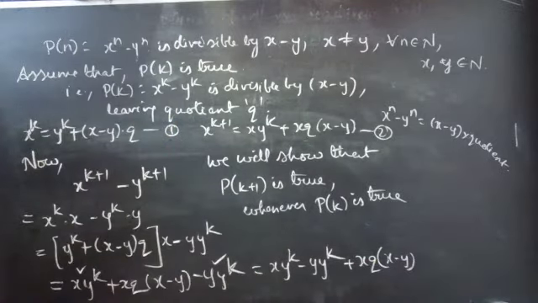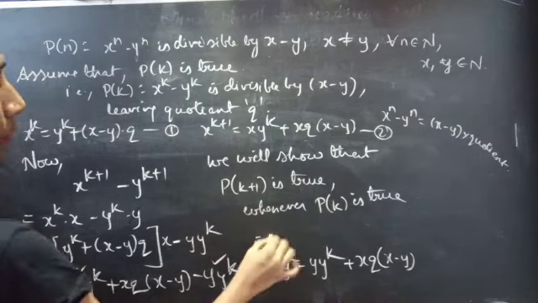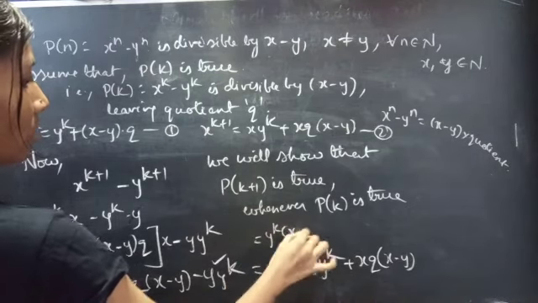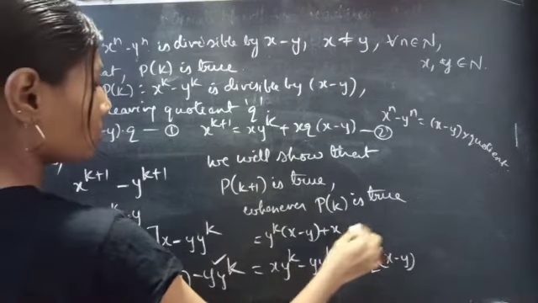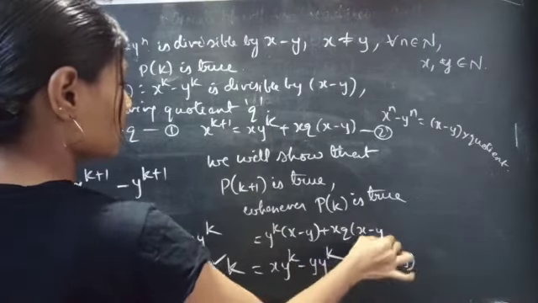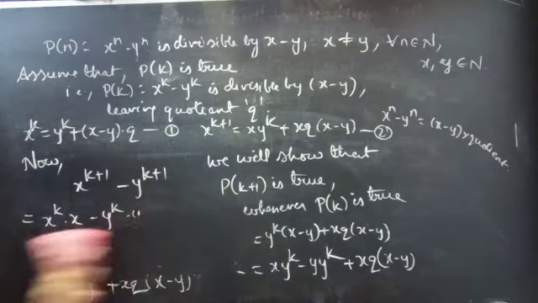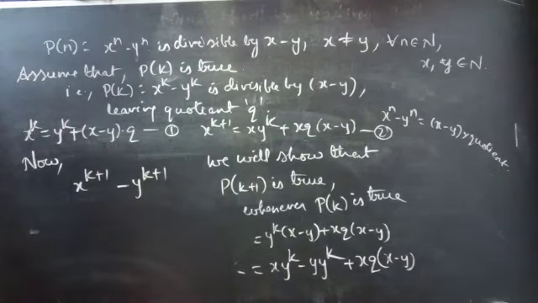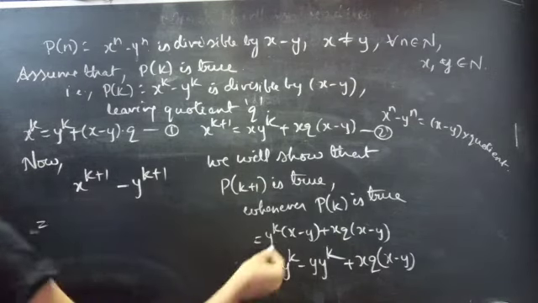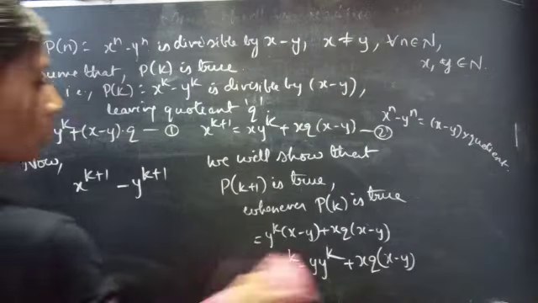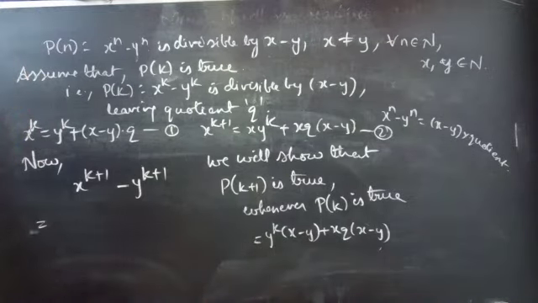Right. Now we can take y power k common from these two terms, then we'll get y power k times x minus y plus the second term as it is. If you notice, you're having x minus y in both the terms, so let's take x minus y common.